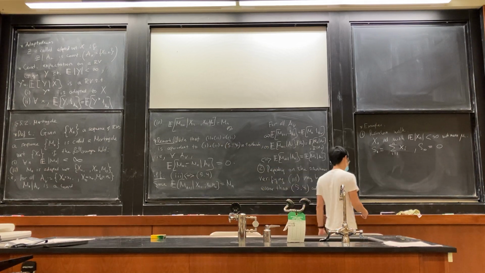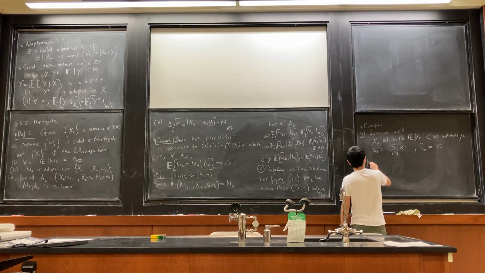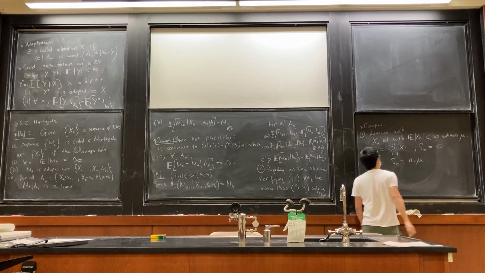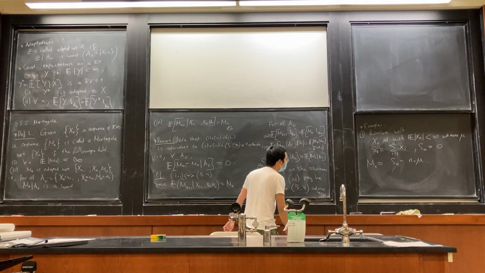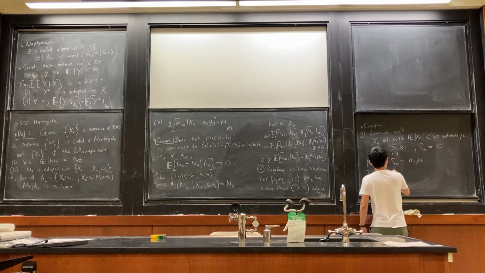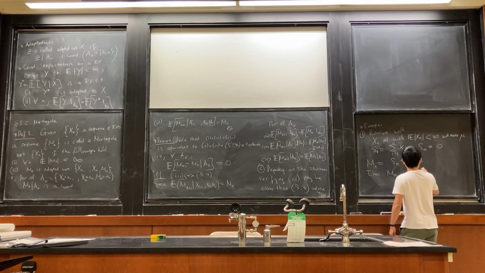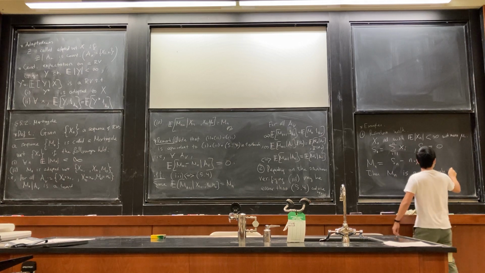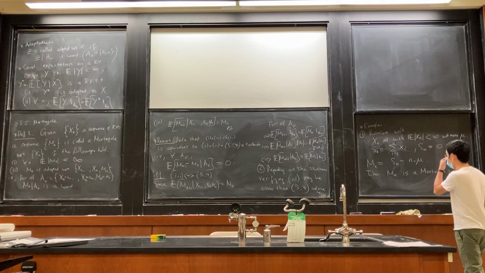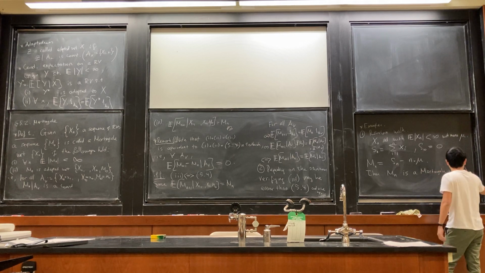All right. Then we're going to denote by M_n to be S_n minus n times mu. Either you can fit with S_n or X_n.